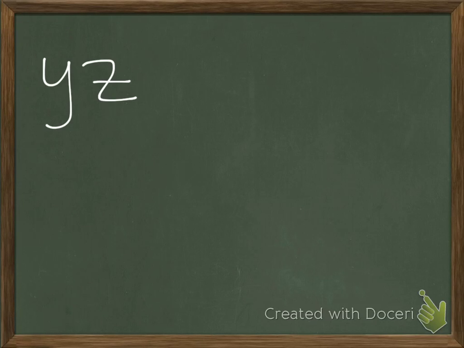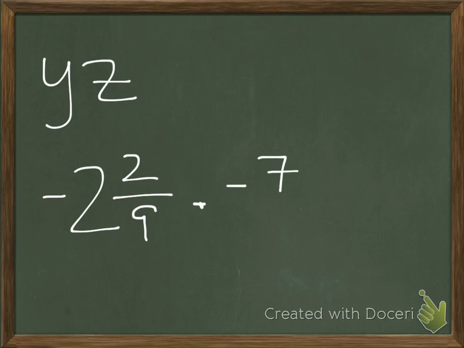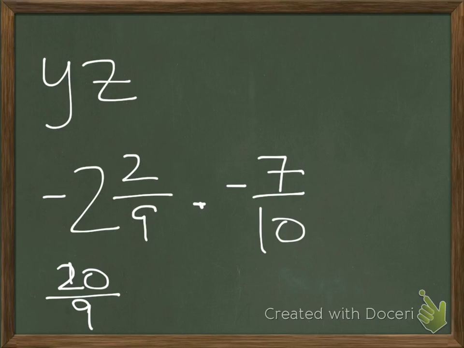And here's one more where you have y times z. Now y was negative 2 and 2/9 times z, which is negative 7/10. This is a negative times a negative, so my answer is definitely going to be positive, but I need to change my mixed number into an improper fraction. That's going to be 2 times 9 is 18, plus 2, so 20/9, times negative 7/10.